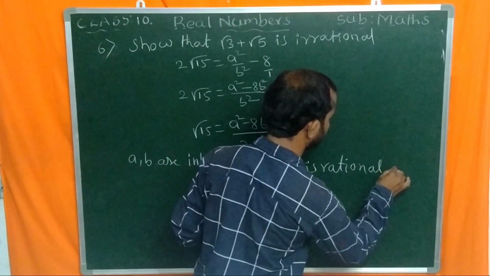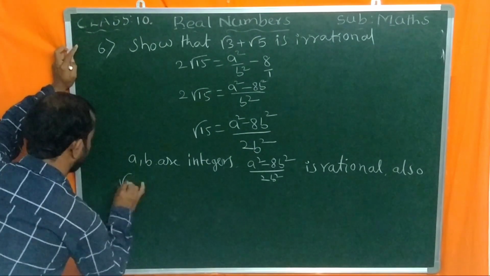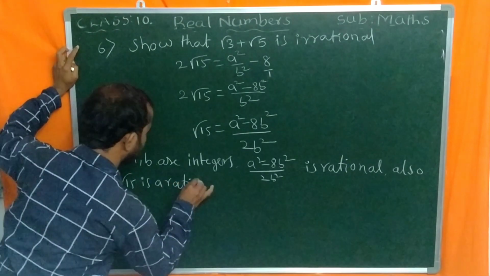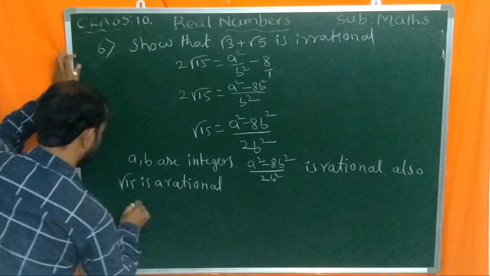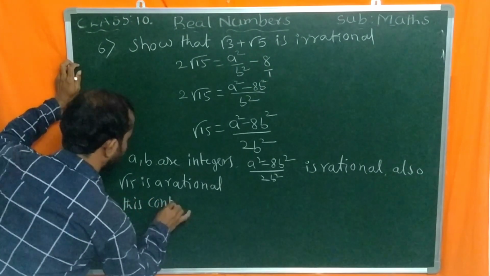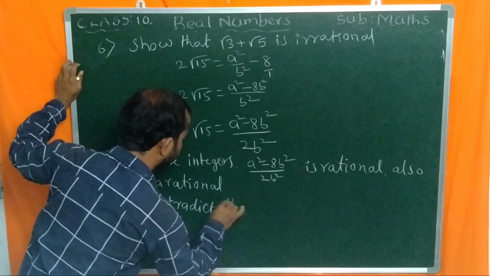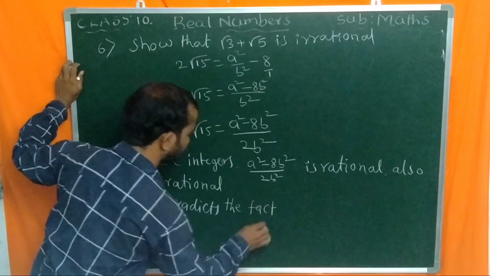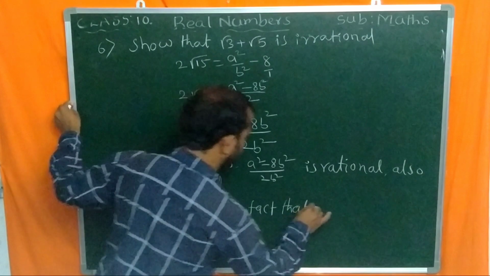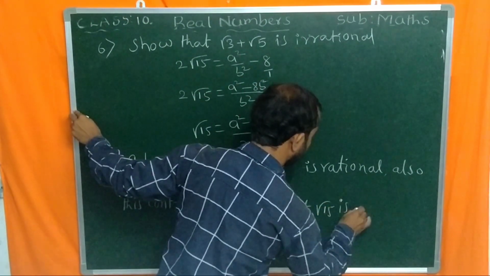And also root 15 is rational. Okay. This contradicts the fact that root 15 is irrational.